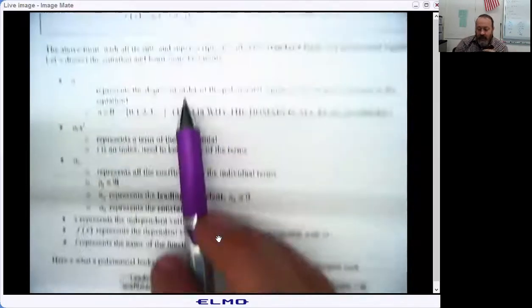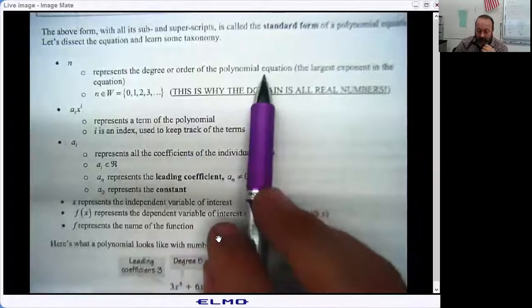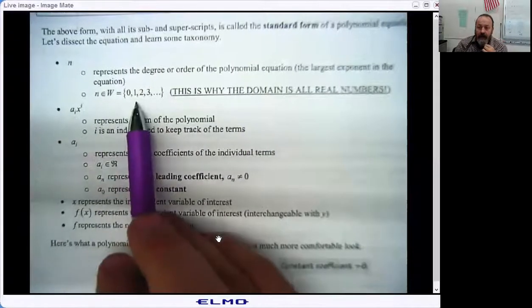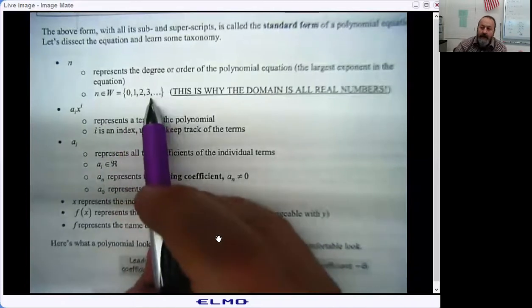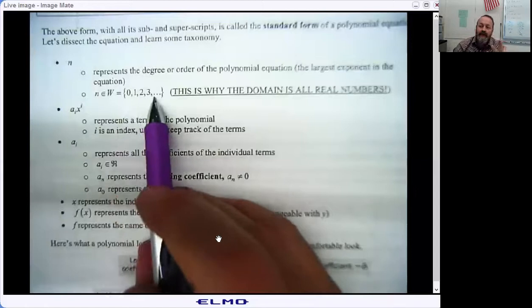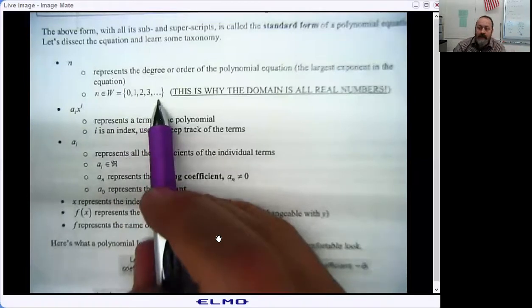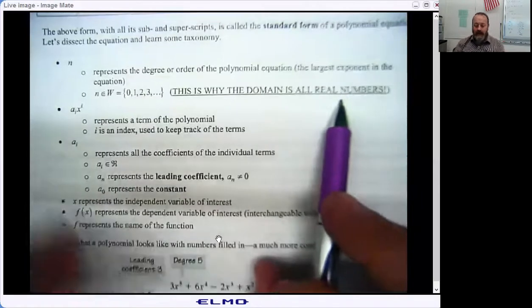So n is the degree or order of the polynomial, and n has to be a whole number, like 0, 1, 2, 3, 4. Those are the counting numbers. You literally ask, how many apples are in the cart? There might be no apples, or there might be 3 apples. Since you don't have any fractions, there are no roots. Since there's no negative, there's no division. That's why we have all real numbers as our domain.